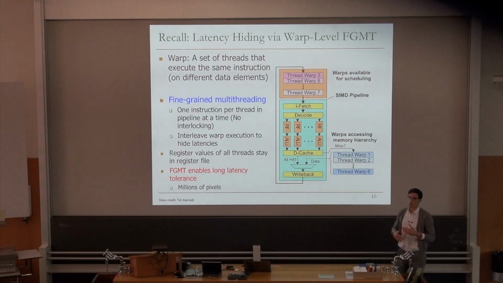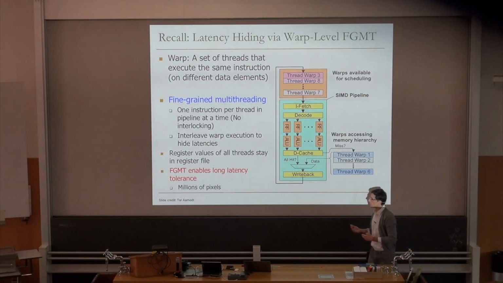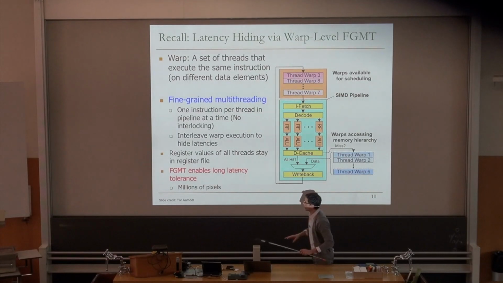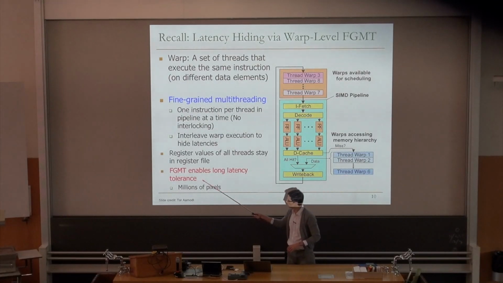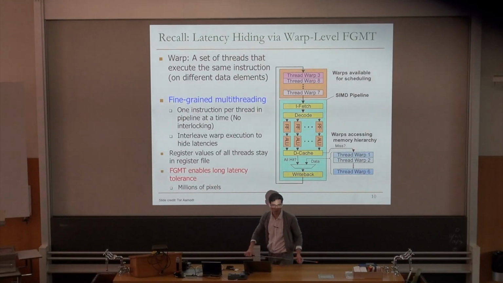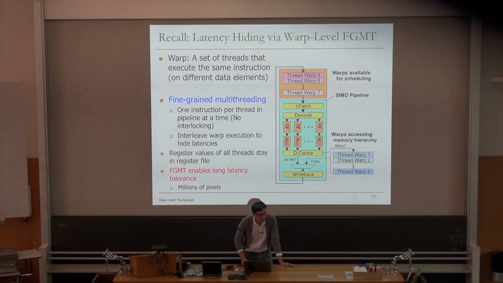The fine-grained multi-threading architecture allows us to interleave the execution of instructions from different warps. And this is, you might remember, very beneficial for hiding long latency operations. As the slide says, fine-grained multi-threading enables long latency tolerance.